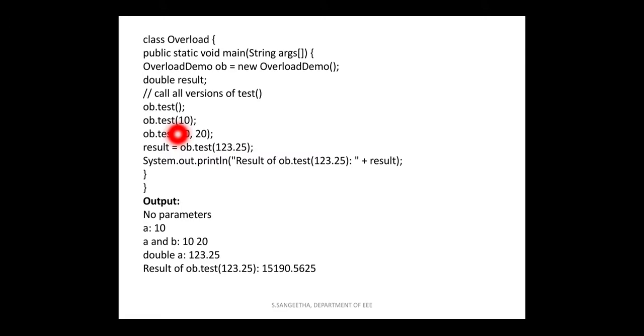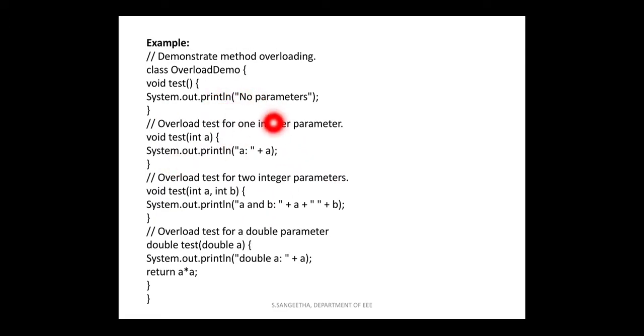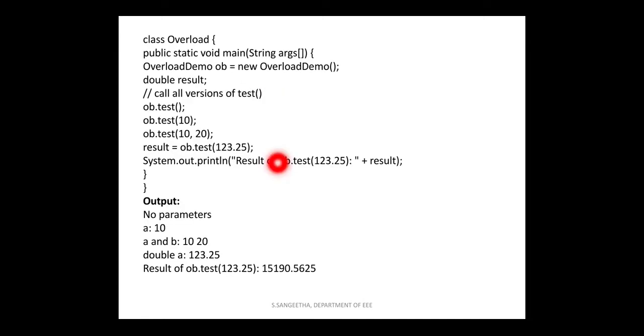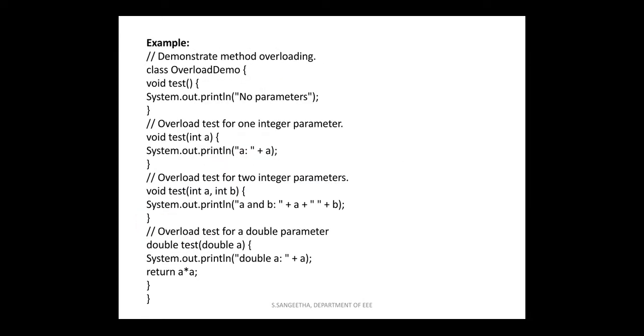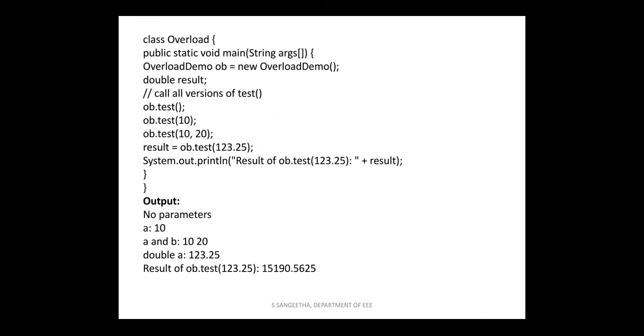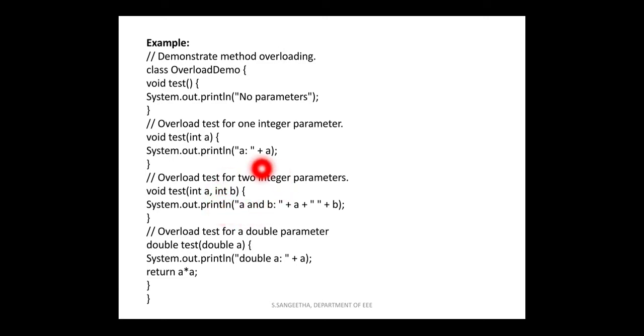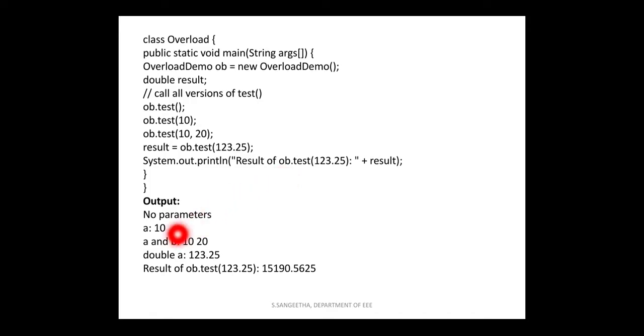So the int a value will be 10. As already said, first "no parameters" will be displayed in the output. Next, for one integer parameter, a colon the value of a, which will be 10. Next, in the second, two integer parameters a and b, the value of a will be 10 and b will be 20.